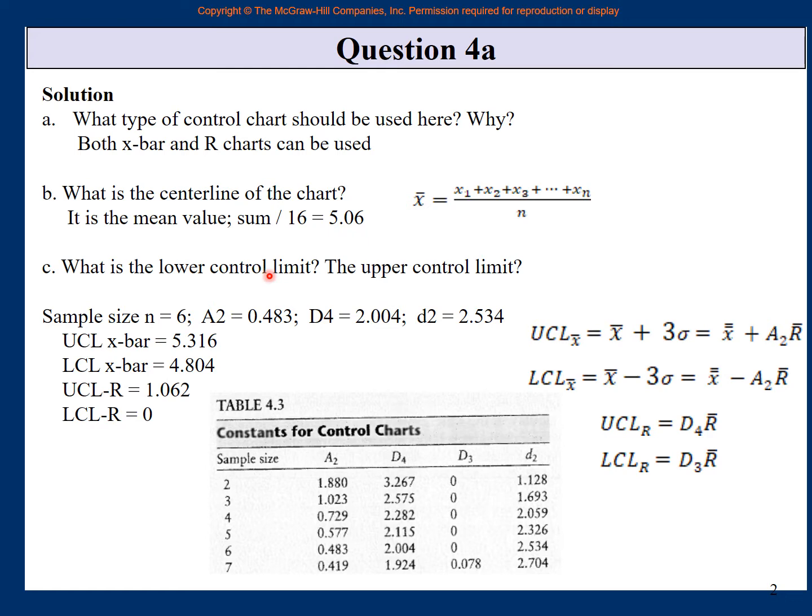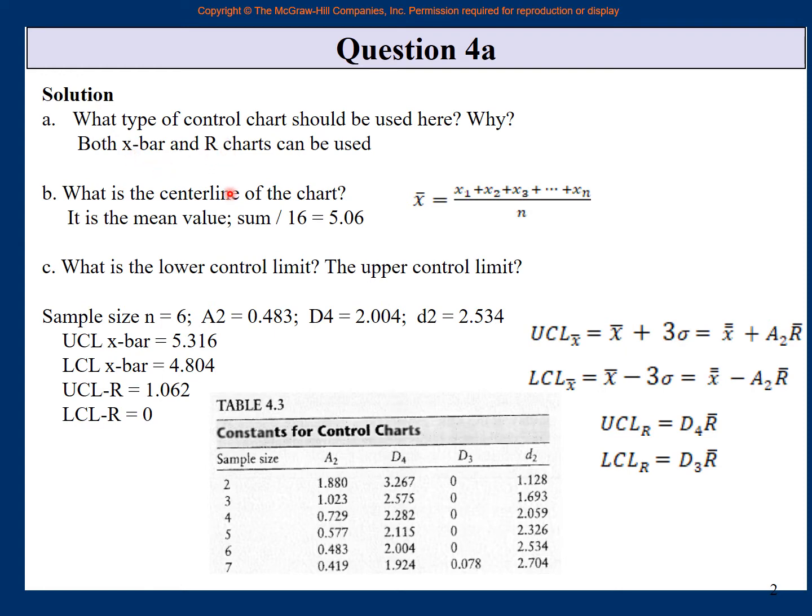What is the lower control limit and what is the upper control limit? So now here, some of you gave the complete answer, many of you gave half answer, and some of you gave answers which I can't understand, right? Because as I said, there is the X bar chart and there is the R chart.